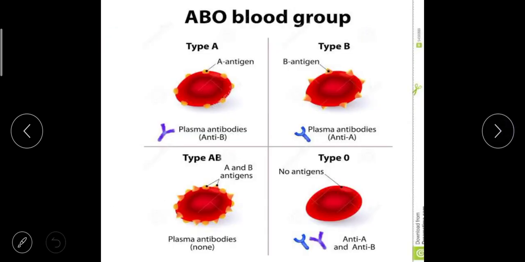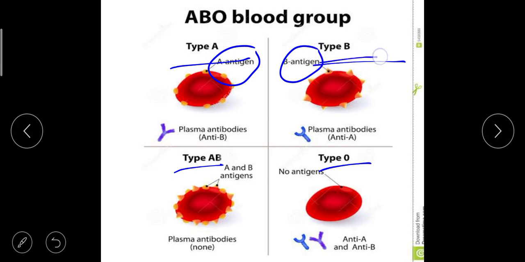Now next is the human blood group. Depending upon proteins like antigens and antibodies, different types of blood groups are present. There are 4 main types of blood groups: blood group A, B, AB and O. So see, if antigen A is present, then it is type A blood group.